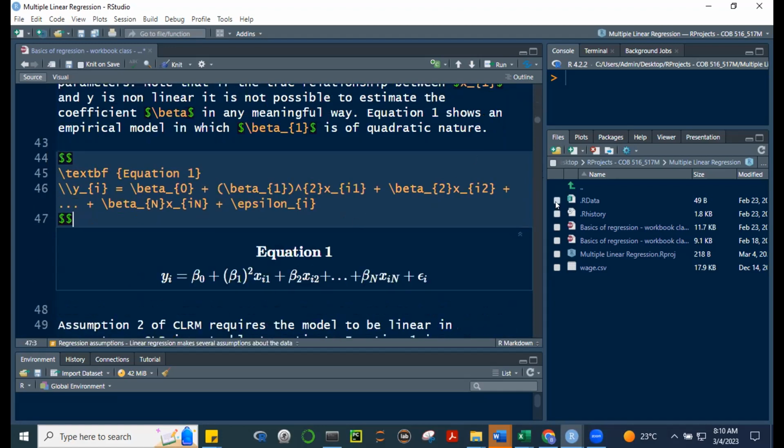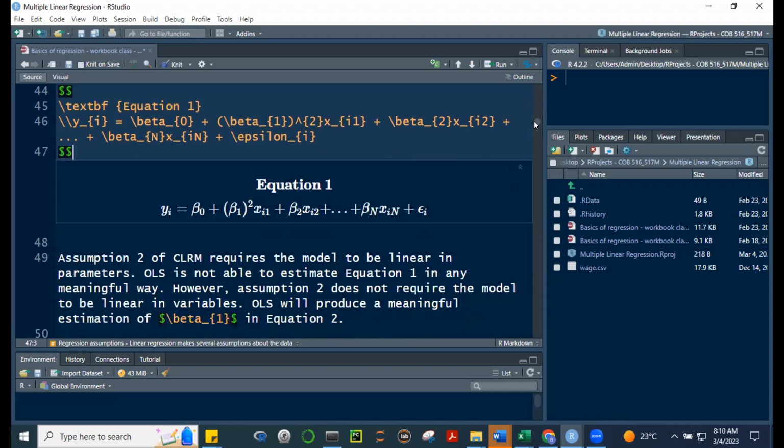We said also that the assumptions call for the parameters being linear. So you cannot have the parameters being squared or square root or log or exponentiated. Hindi pwede yun. That's the first assumption, linearity of the model, linearity of the parameters.